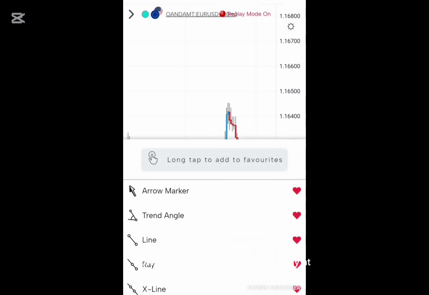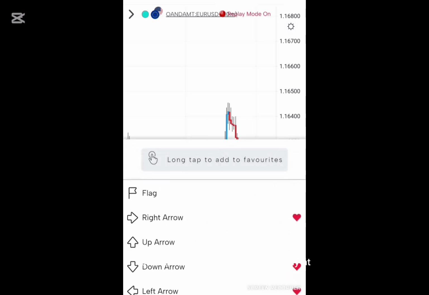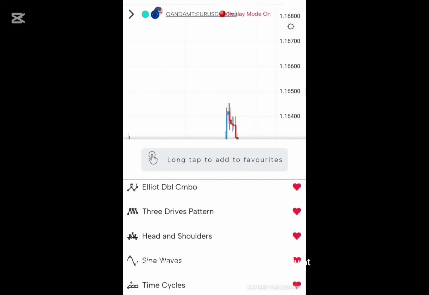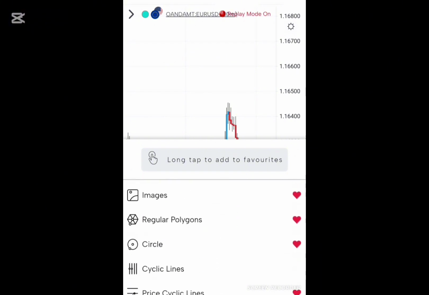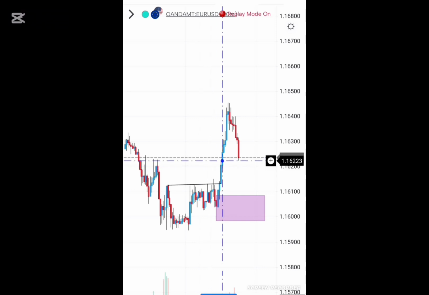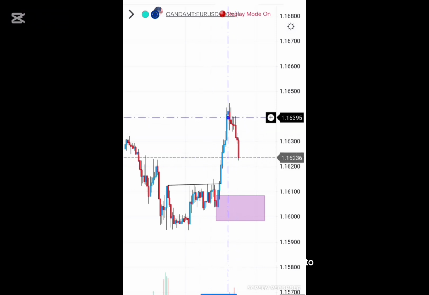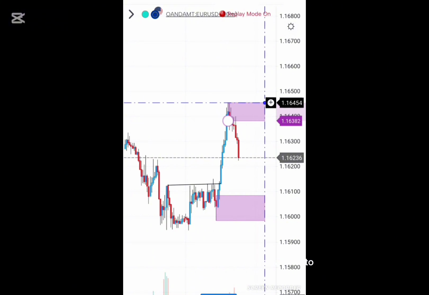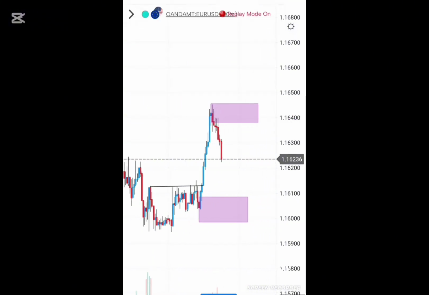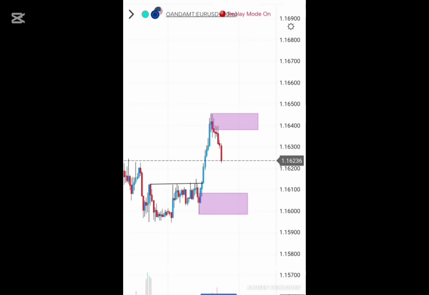Now we are going to mark our supply at around this point here, from the area of decreasing price action to this point here. Now simple, this is our demand and supply.